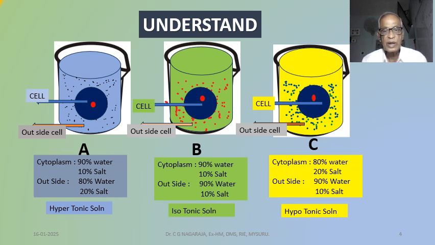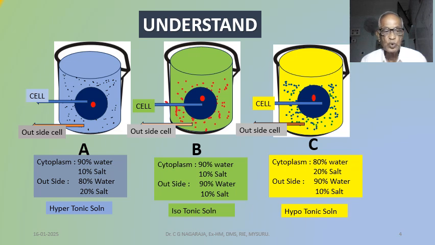Cytoplasm contains many things, but we take only two things into consideration. Cytoplasm in A has 90% water and 10% salt, whereas outside 80% water and 20% salt is there. Try to study this. 90% water and 80% water.